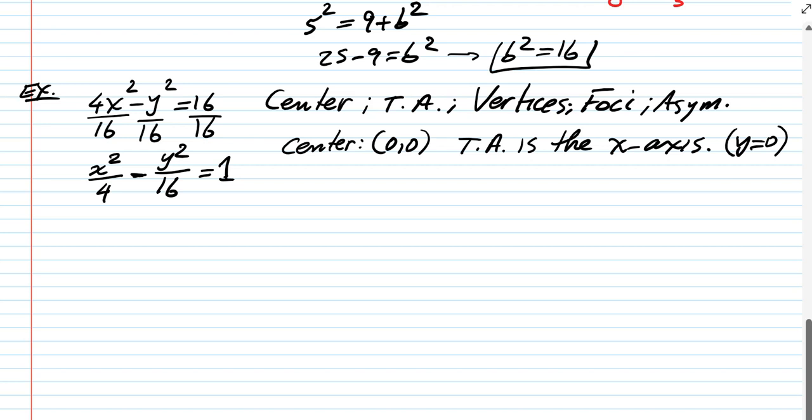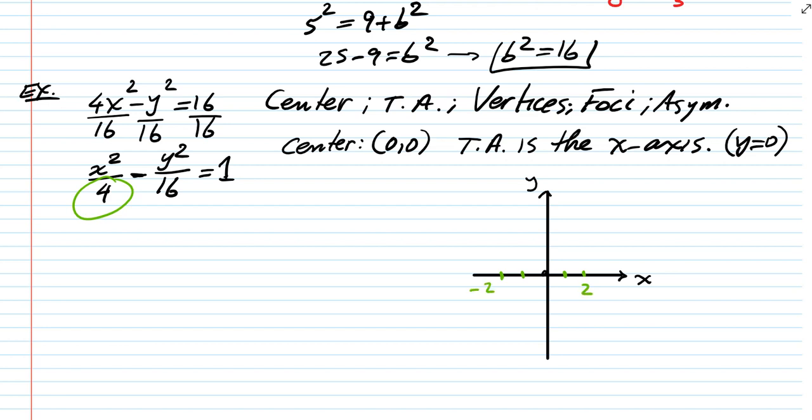Well, let's try to graph this thing. So I'm going to bring my coordinate system again. And there you go. Now here's my coordinate system. The center is at 0, 0. So remember, first I need to do my fundamental rectangle. So I'm going to go square root of 4. I'm going to go to the right 2, left 2 along the x-axis. Then square root of 16 is 4. I'm going to go up 4 and down 4. 1, 2, 3, 4.